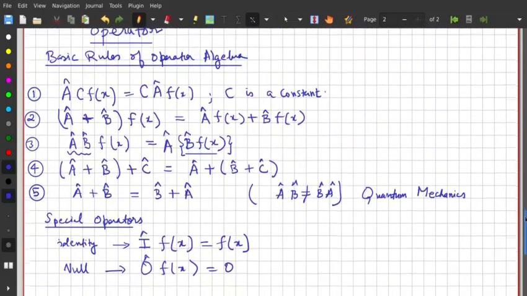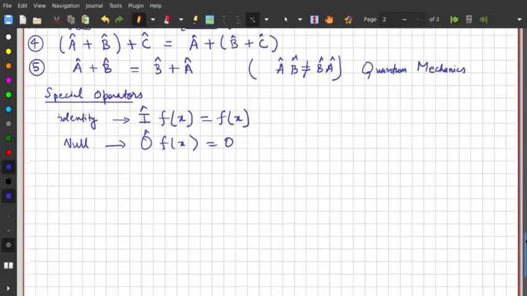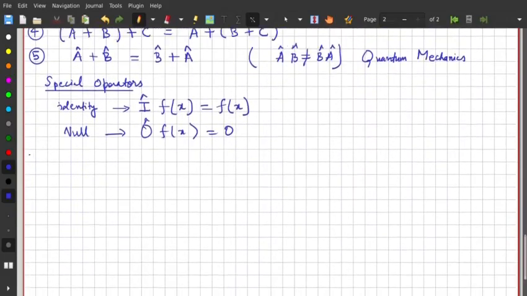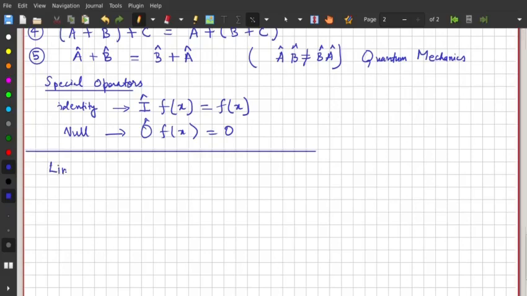An extension of these ideas, and a very important and special class of operators that we'll be dealing with specifically in quantum mechanics, are what are known as linear operators. What are linear operators?